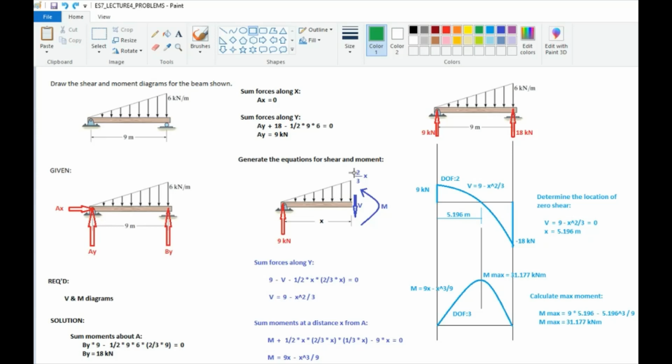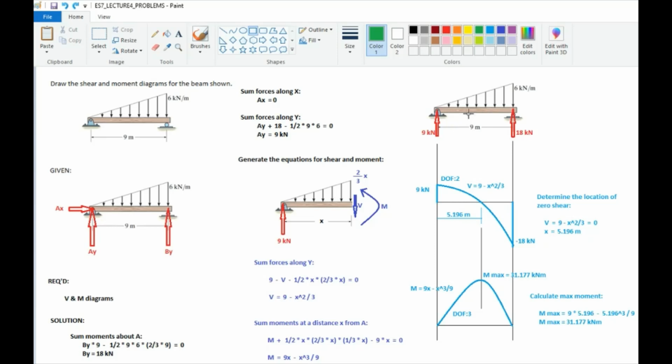M plus our triangular load, so 1/2 base times height of 2/3 x times moment arm of 1/3 of x, and then minus this 9 kN load because it is clockwise, so minus 9 times moment arm of x equals 0. Rearranging, simplifying the equation, we'll have m equal to 9x minus x cubed over 9. So, this is our moment equation. So, what are they for? We'll be able to use them later.